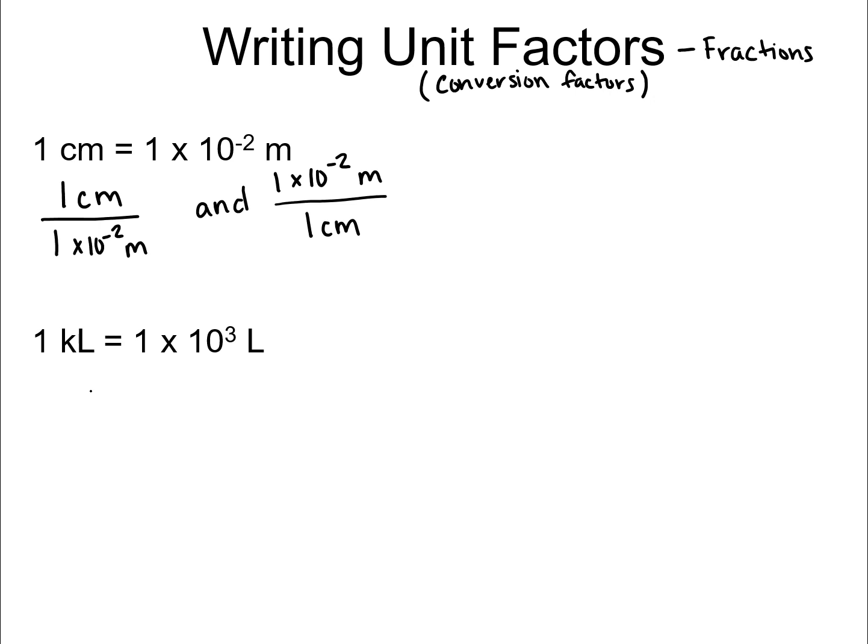I'll do the second one for you. It's a pretty simple concept. It's much easier than doing the unit equations. So does everybody get that? That's how we get unit factors from unit equations.